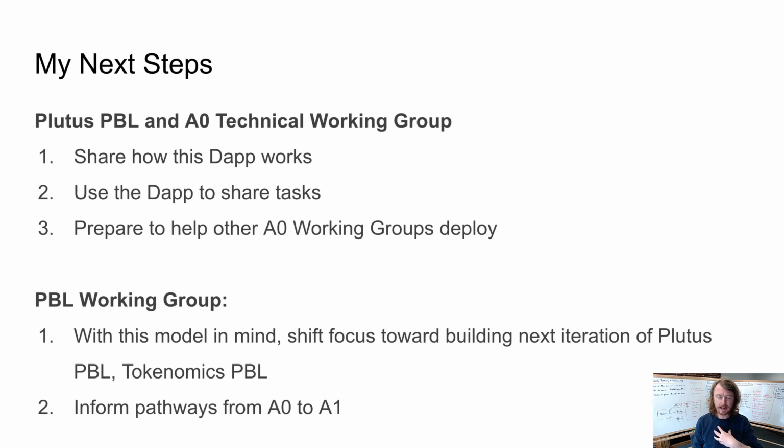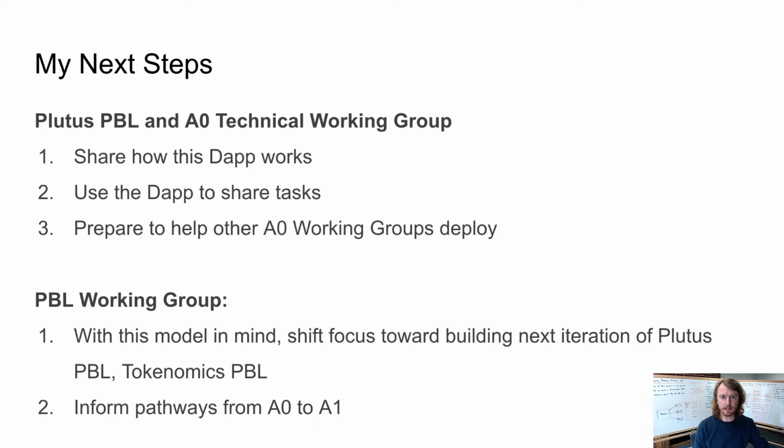So this is me making sure this thing is documented and actually works, continuing to refine the contracts. There's a few things I want to do now that we have an MVP before other working groups start to use this. And I want to help other people prepare to help with deployment, right?